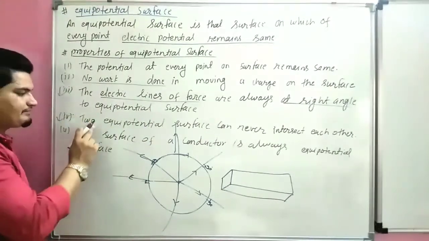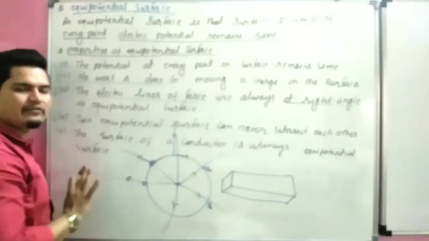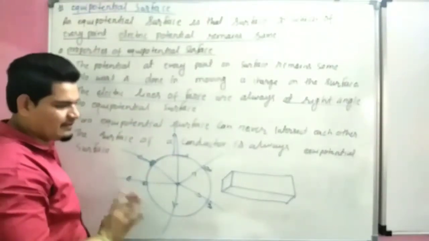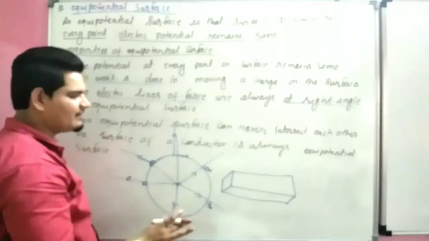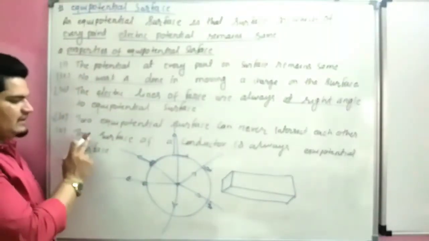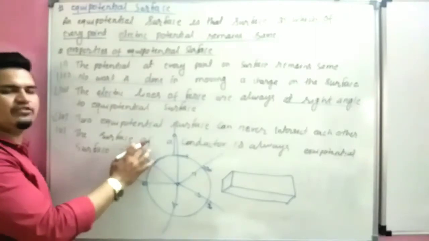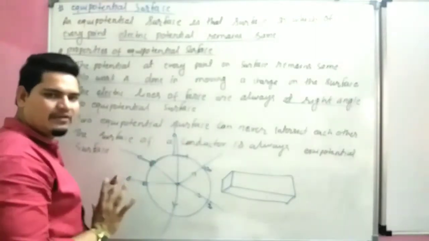And fourth point, two equipotential surfaces never intersect each other. The surface of a conductor is always an equipotential surface.